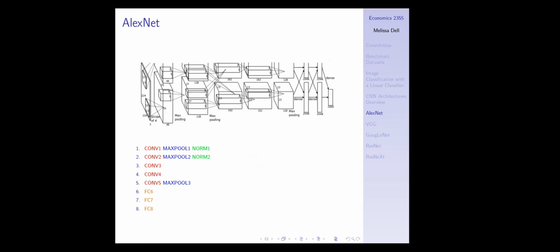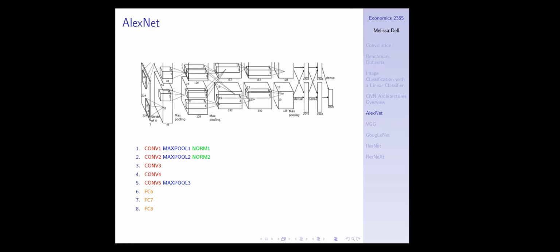And okay, so what does this do? Essentially, it's an 8-layer network. Remember the depth of the network is the number of layers with trainable weights. And so you see here what the 8 layers of this are. The first layer is a convolutional layer, and then you do max pooling. Remember that doesn't have any parameters, right?